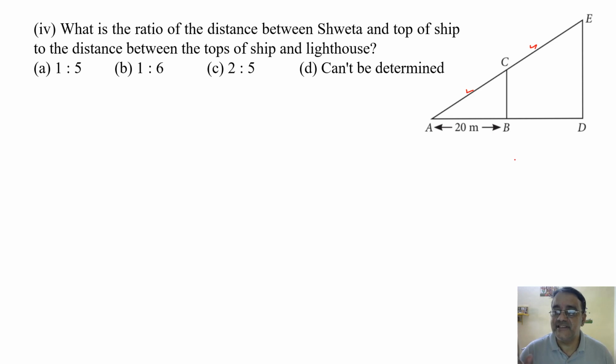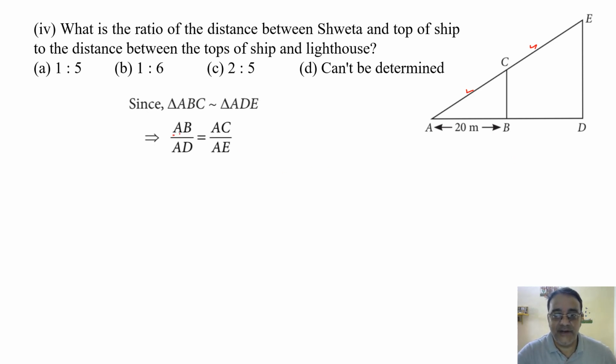Right? So let us start with the same similar triangle. The two triangles are similar, so their corresponding sides are proportional. So AB upon AD is equals to AC upon AE, पूरा full. AB is 20 and AD is 120. So ये हो जाएगा 1/6.